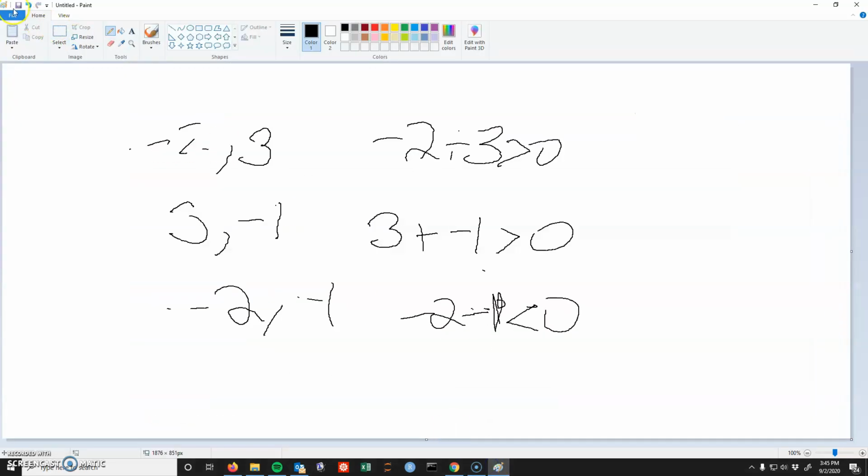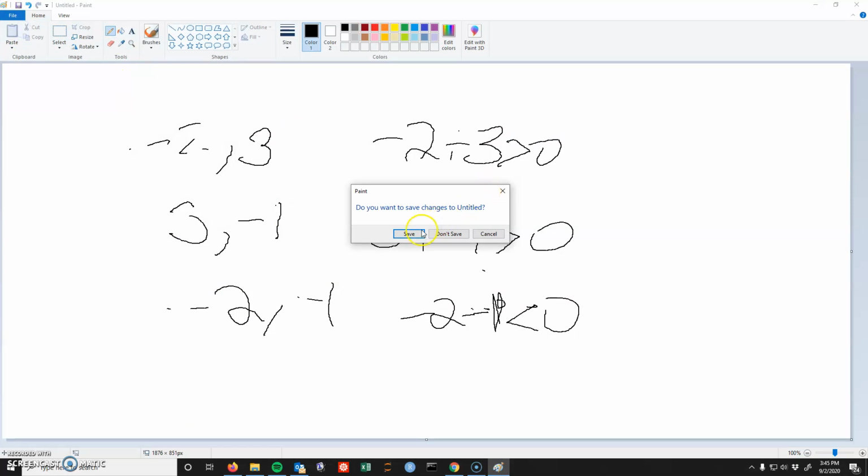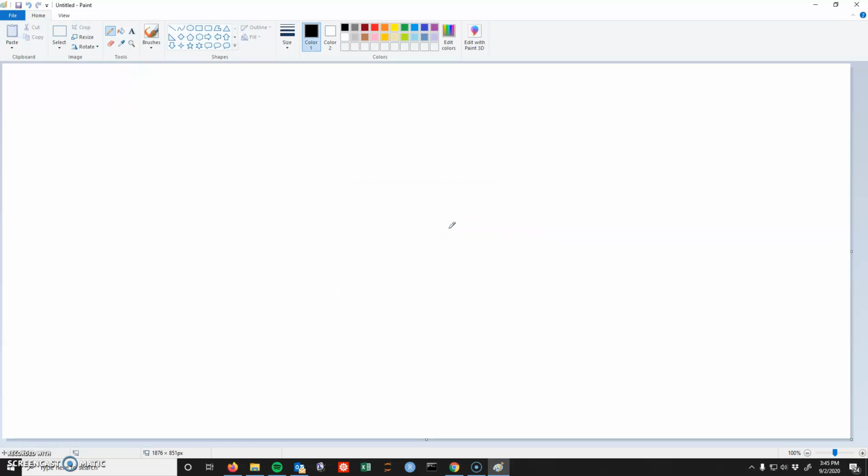Kind of funny how that little equal sign can do it. All right, so I'm just going to give you a counter example. The counter example would be 2 and 0, and 0 and negative 5. 2 times 0 is 0, which is greater than or equal to 0. 0 times negative 5 is also 0, but 2 times negative 5 is negative 10.